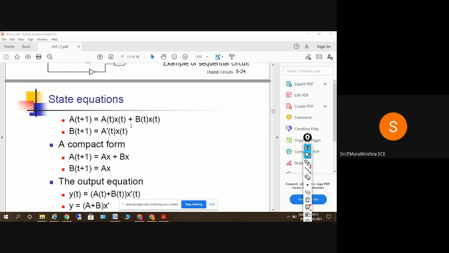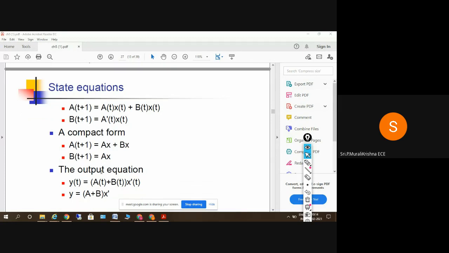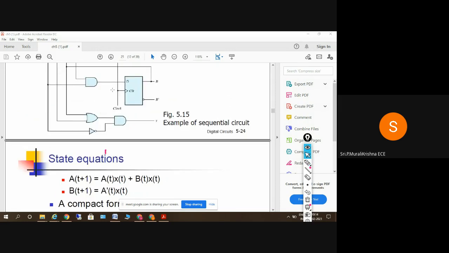A of t plus 1 is equal to AX plus BX. B of t plus 1 is A bar X; it's a mistake there, so A bar of X here. And what is this value here? A plus B into X bar.